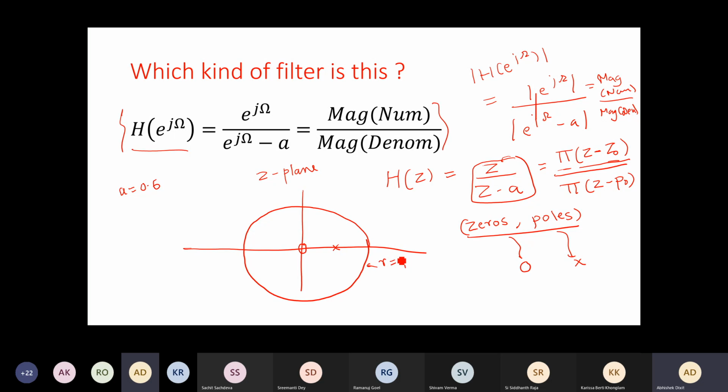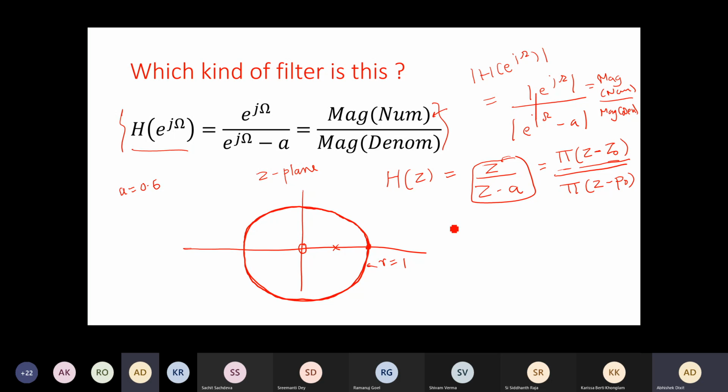If you have this point, you can move on this entire circle and you can get H(e^jω). I hope everything so far is clear: zeros, poles, Z transform and so forth. Now I have to investigate these two quantities, starting with the magnitude of the numerator.